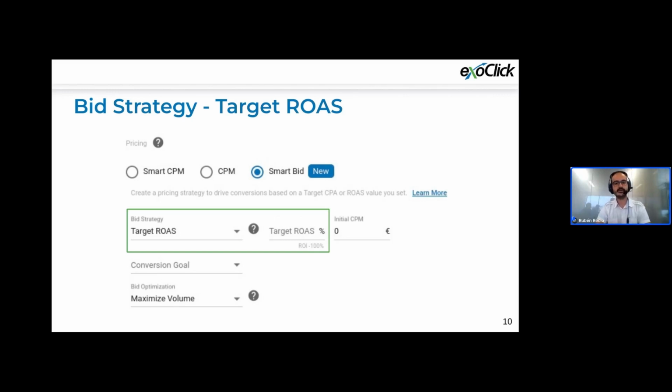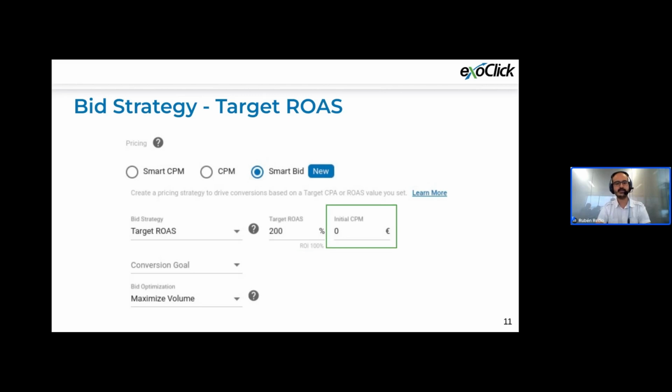For those of you that are not familiar with the term return on ad spend, you can see the equivalent with return on investment. So when you're setting up that campaign, you're specifying the share of revenue that you expect to get from that campaign. So a 100% target ROAS campaign is essentially a break-even campaign where you at least try to get as much revenue as the money that you're spending on that campaign.